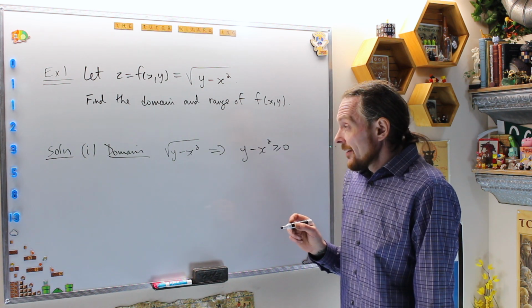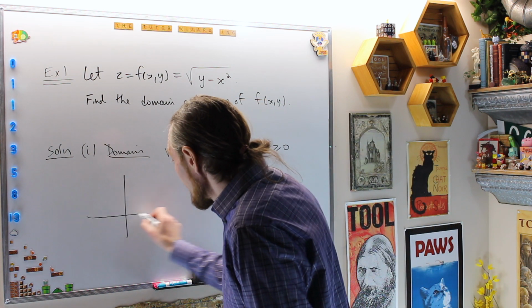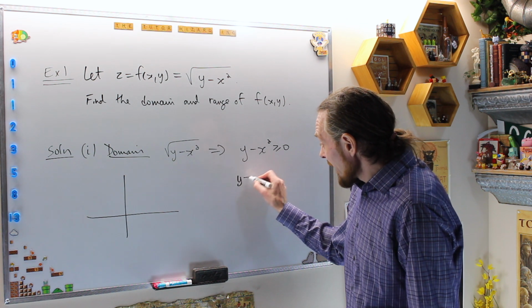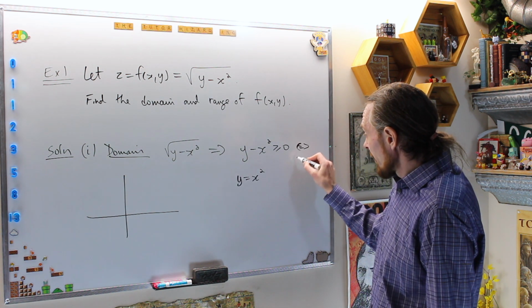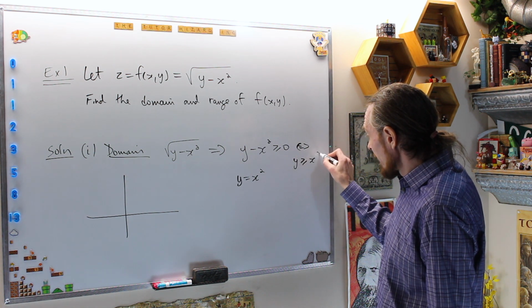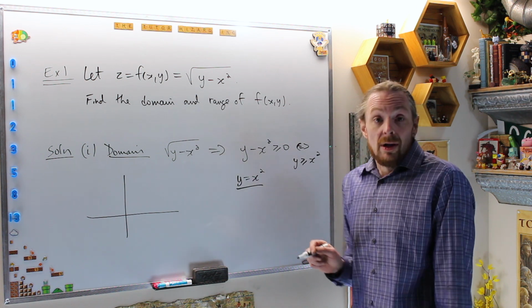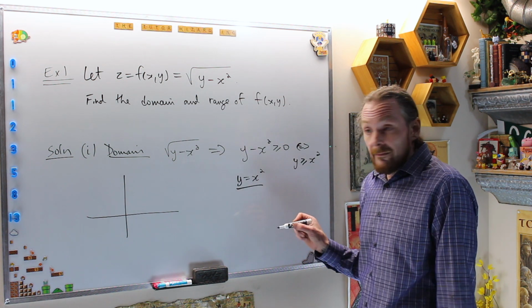What does that give me? If you want to intuitively look at what that says now, this is saying that our domain is what? If I look at y equals x squared, this is if and only if, remember, y is greater than or equal to x squared. When y equals x squared, you're hopefully familiar that this is the parabola from calculus of one variable.